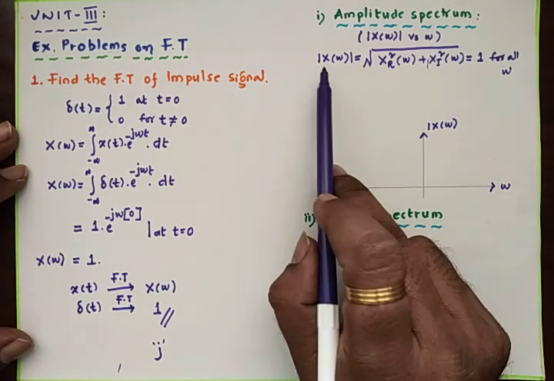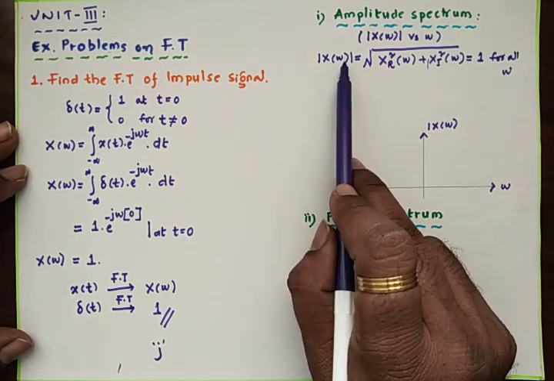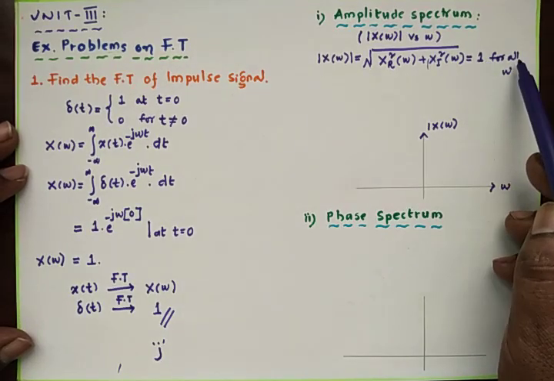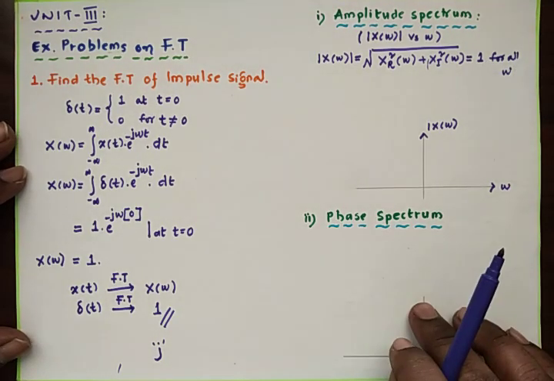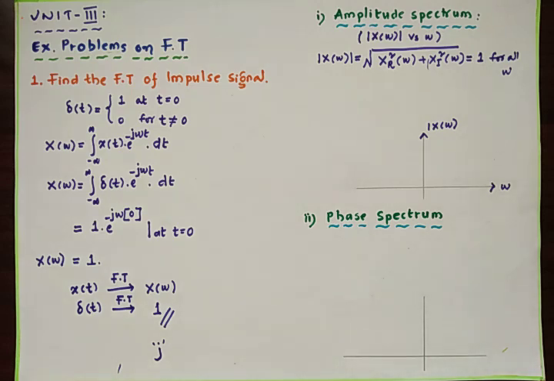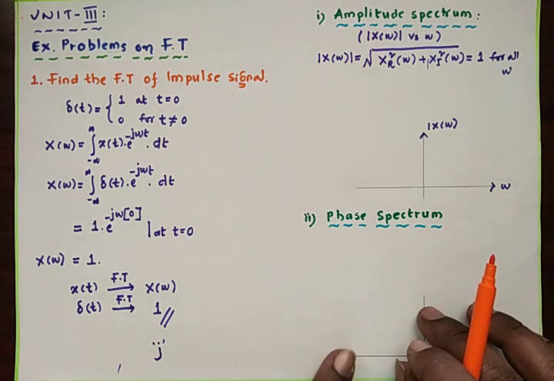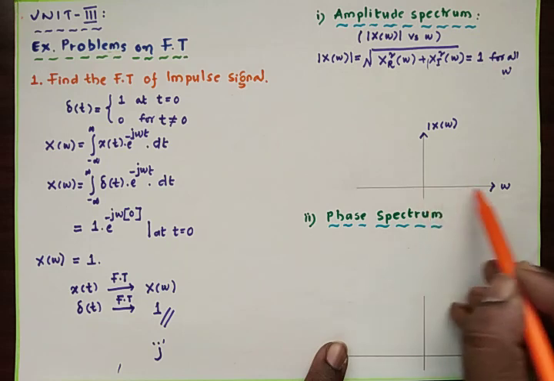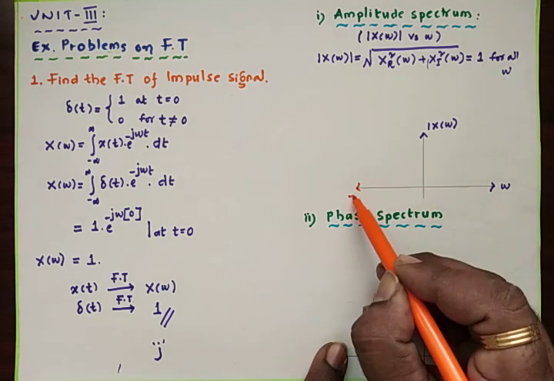That means the modulus of X of omega we got is 1 for all values of omega. Then you can plot the magnitude spectrum or amplitude spectrum. This is the plus omega axis, and this will be the minus omega axis.